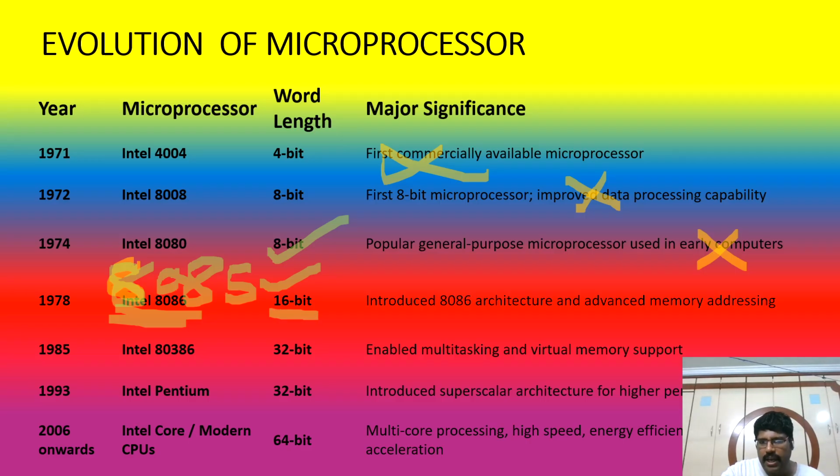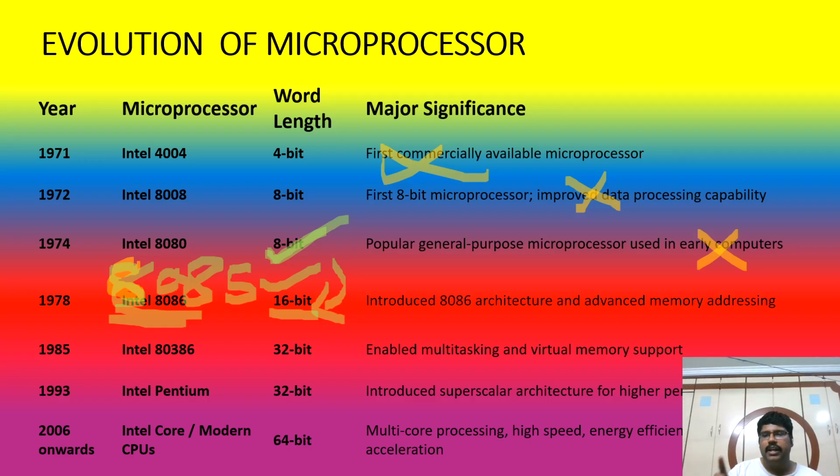This is the main one. In any textbook or any syllabus, they will start with the 8086 microprocessor. Okay, so in order to know why we come to the 8086 microprocessor, there are some drawbacks in 8085. What are the main drawbacks in 8085? It is an 8-bit microprocessor. That means it can process only 8 bits of data in a single clock cycle.